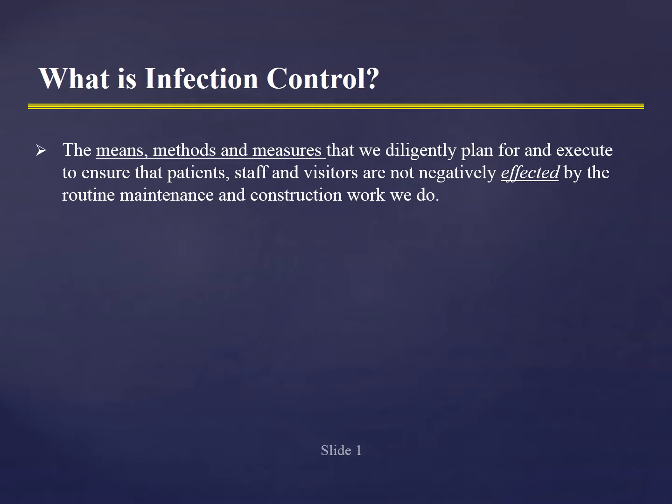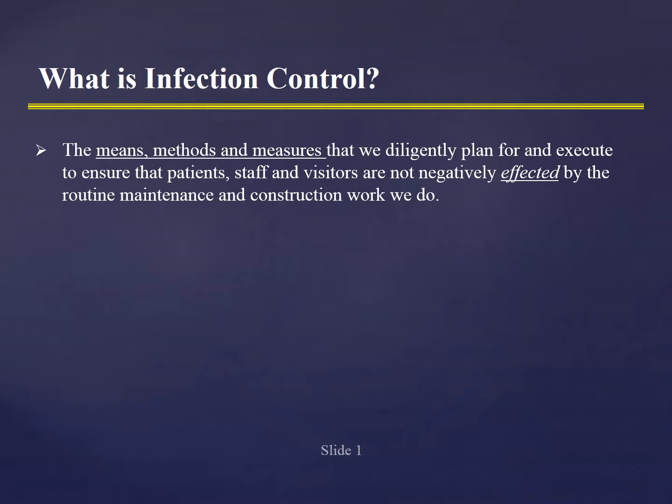Two things I really want to point out here. One is that we diligently plan. When you deal with a reactive environment, as facilities often is, and it's really the nature of facilities because of the kind of work we do and the environment we work in, in the midst of all of this chaos and organized chaos and putting out fires, we have to have a level of diligence.